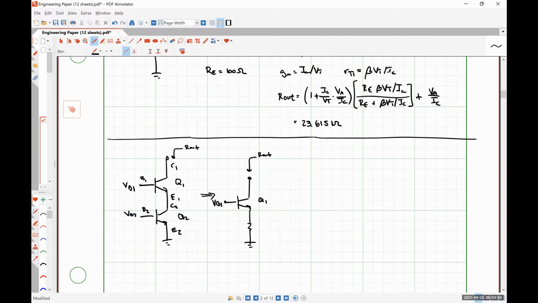So effectively, we are just degenerating our transistor Q1 with the pretty high impedance of another current source, right? So the impedance of our current source is simply going to be R02.